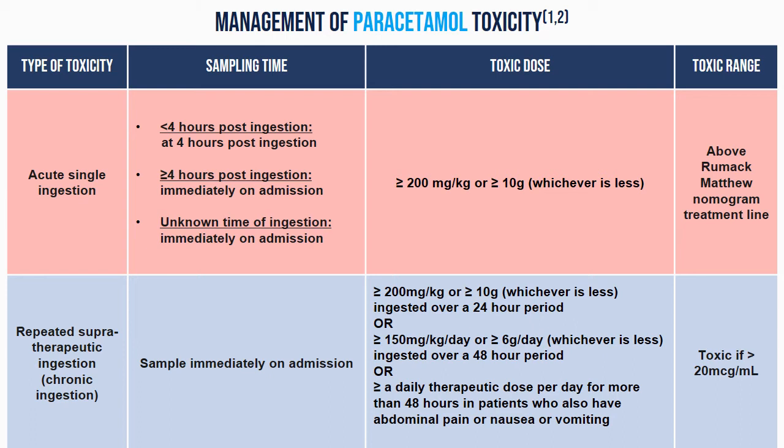Toxic dose is more than or equal to 200 mg per kg or 10 gram, whichever is less, over 24 hours, or more than or equal to 150 mg per kg per day or 6 gram per day, whichever is less, over 48 hours, or more than or equal to a daily therapeutic dose per day for more than 48 hours in patients who also have abdominal pain or nausea or vomiting. The toxic range is more than 20 mcg per ml.